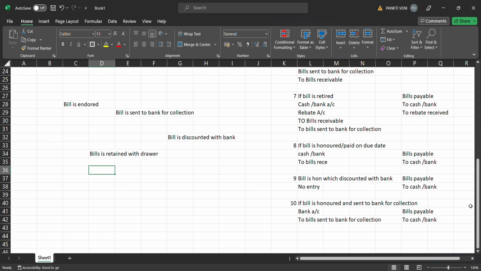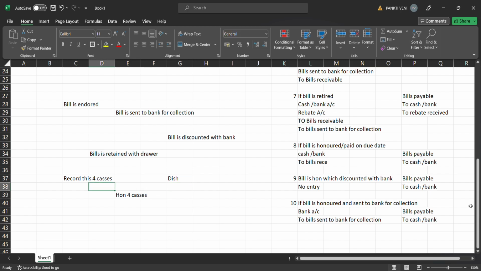So for these 4 entries, you will first record these 4 cases, then honor these 4 cases. Then you will pass the dishonor entry.